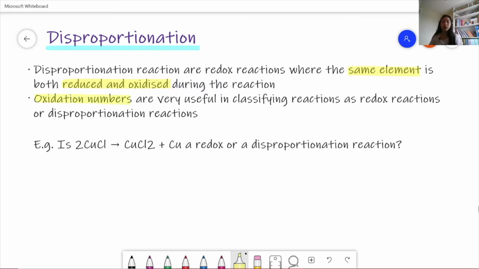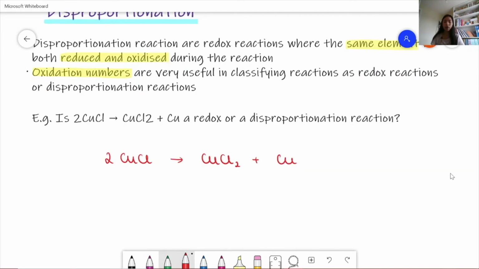So in this example, we're going to discuss whether it's a redox or a disproportionation reaction. So we've got 2 of this copper(I) chloride, and then we're going to form copper(II) chloride and also copper.